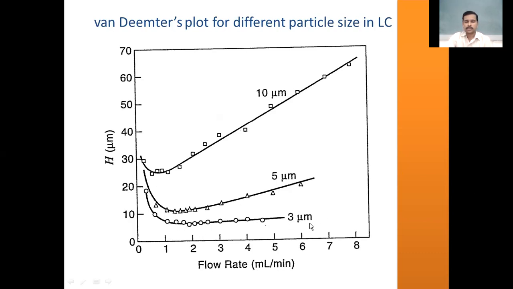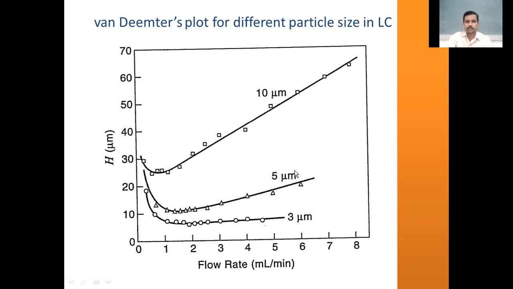If you increase the stationary phase particle size from 3 micrometer to 5 micrometer, and you are doing the elution at different flow rates of the mobile phase, the height of the theoretical plate will also increase from a certain flow rate. You can see plate height keeps on decreasing, then it will increase with increased flow rate. In the previous case, plate height decreased and became almost constant because the particle size was minimum.